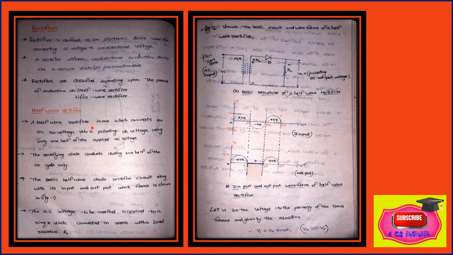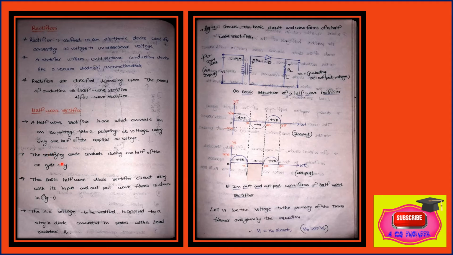A half-wave rectifier is one which converts an AC voltage into a pulsating DC voltage using one half of the applied AC voltage. When we apply a sinusoidal wave AC voltage, it is converted by a half-wave rectifier to produce a pulsating DC voltage.